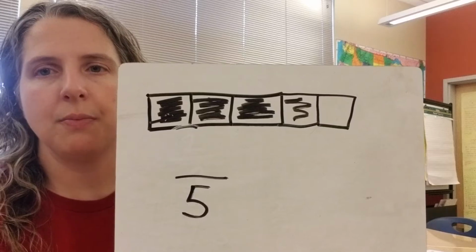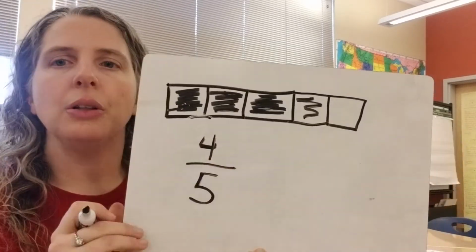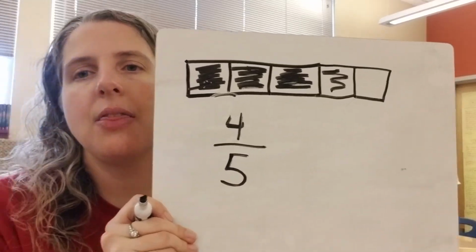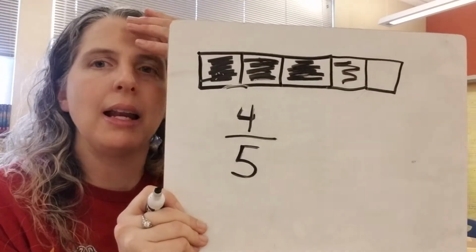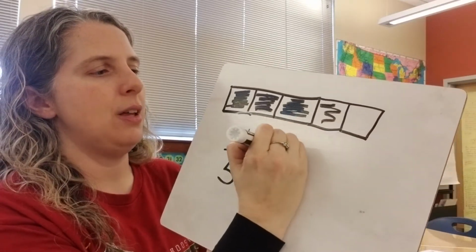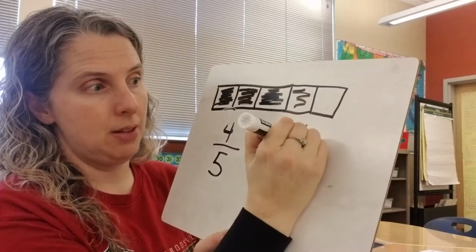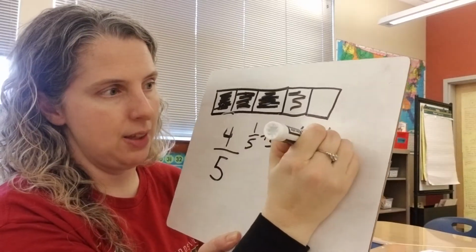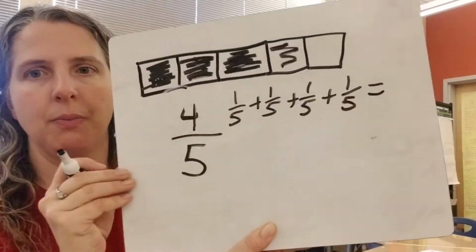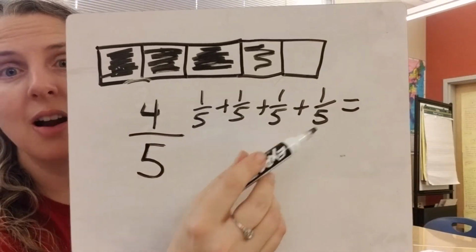How many do I have shaded in? 4. So let's look at some different ways that we could add this. I could write it in different ways. I can say I have 1/5 plus 1/5 plus 1/5 plus 1/5. It's really repetitive. Equals how many fifths? 2, 3, 4. 4/5.